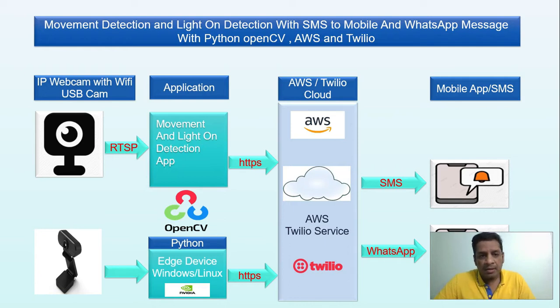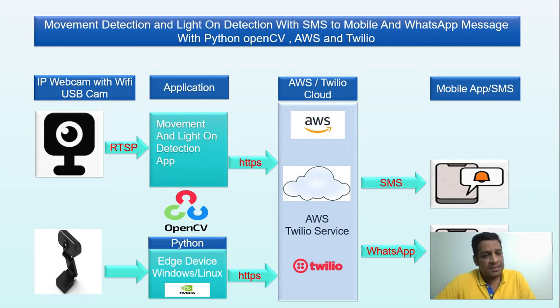Here we are going to deploy a Python based application which can detect movement or motion. This application can be deployed either on a Windows laptop, a Windows machine, or on edge devices such as the NVIDIA Jetson Nano. You can even deploy this on Linux, but the best way to use this application would be to deploy it on edge devices such as the NVIDIA Jetson Nano.